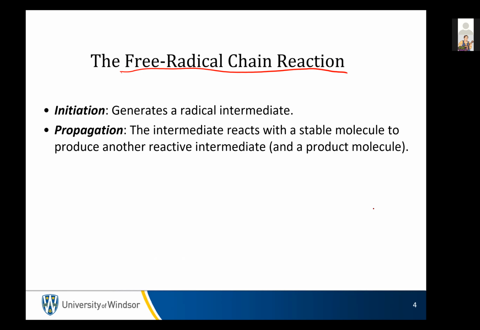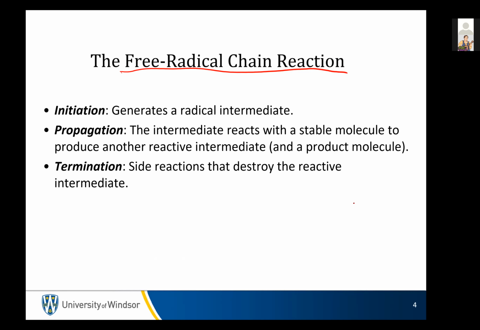Propagation, where the intermediate reacts with a stable molecule to produce another reactive intermediate. And termination, side reactions that destroy the reactive intermediate. I'm going to talk about this using an example, and the next thing I'm going to talk about is kinetics before I get into this.